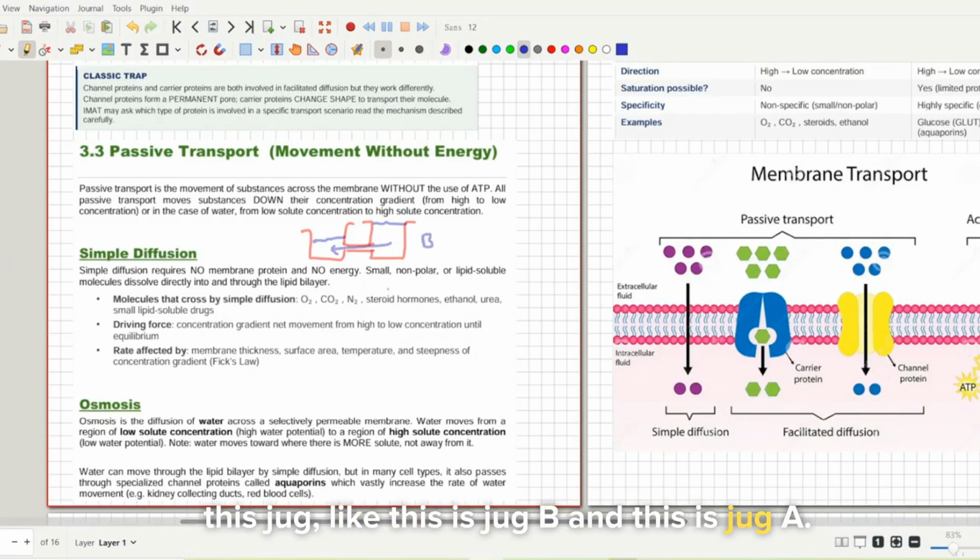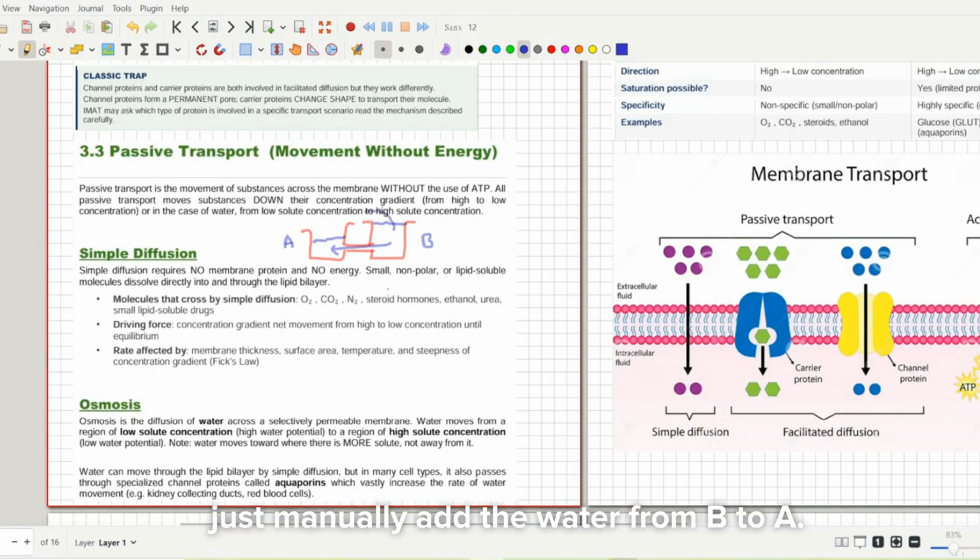This is jug B and this is jug A. So the water will move from jug B to jug A. Why is that? Because jug B has more water and jug A has less water. So you don't need to take the water and manually add it from B to A. No, the water will go automatically from B to A. You don't need to do any work. So that's how passive transport works.